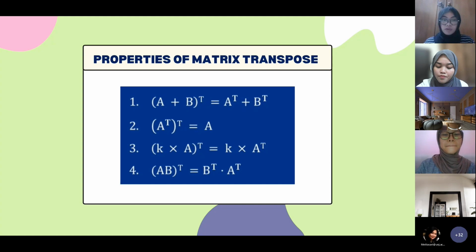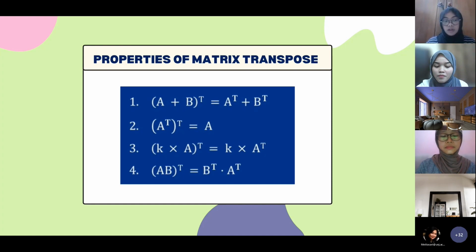Properties of matrix transpose. 1. The transpose of the sum A plus B equals the transpose of matrix A plus the transpose of matrix B. 2. The transpose of the transpose of matrix A equals matrix A. 3.